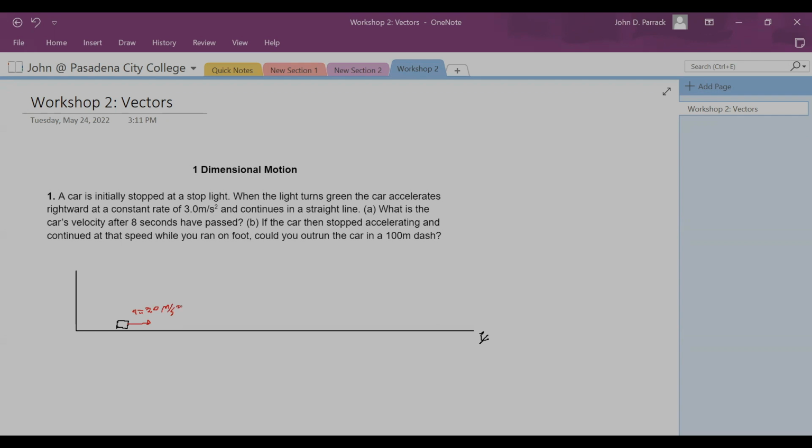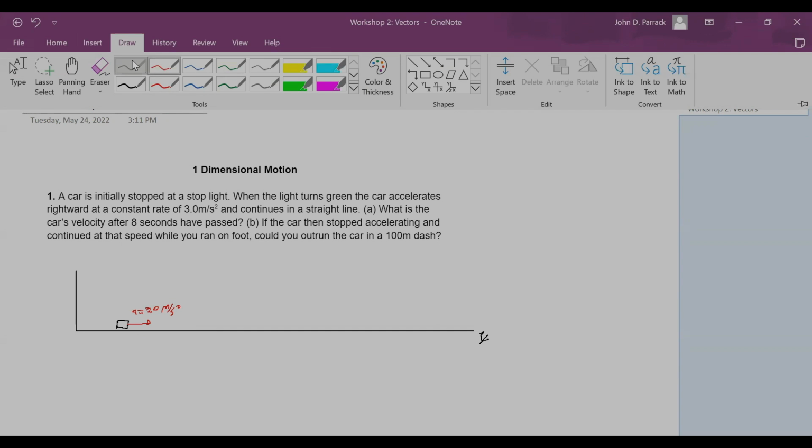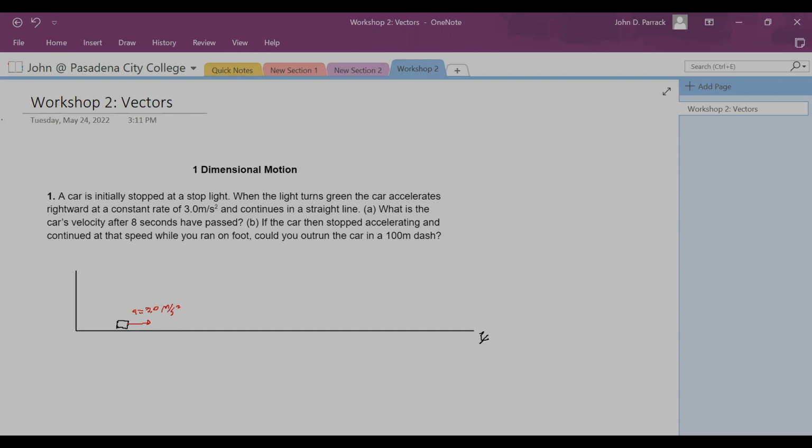Okay. All right, what other information do they give us? They tell us that after 8 seconds pass, that's the time that we want to consider. So let's take a look at that. We're going to say that t is equal to 8 seconds.